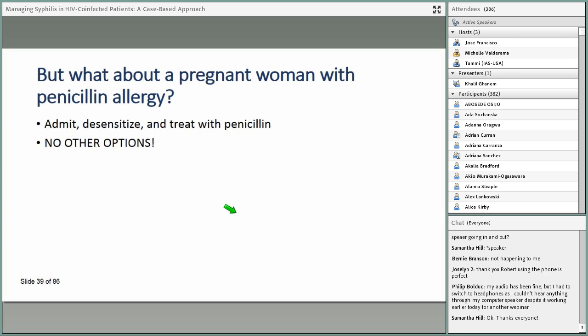Now, if the patient is not pregnant and has a real penicillin allergy, you can use for early syphilis 2 weeks of doxycycline orally, 100 milligrams twice a day.